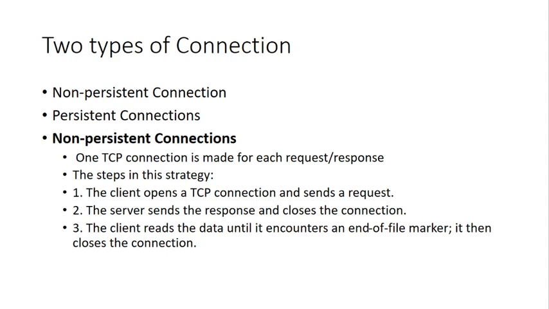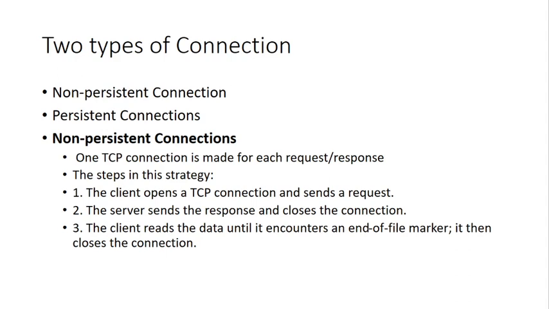First, let's come to the non-persistent type connection. In a non-persistent connection, one TCP connection is made for each response or request. The steps involved in non-persistent connection are: the first step will be the client opens a TCP connection and then sends a request.